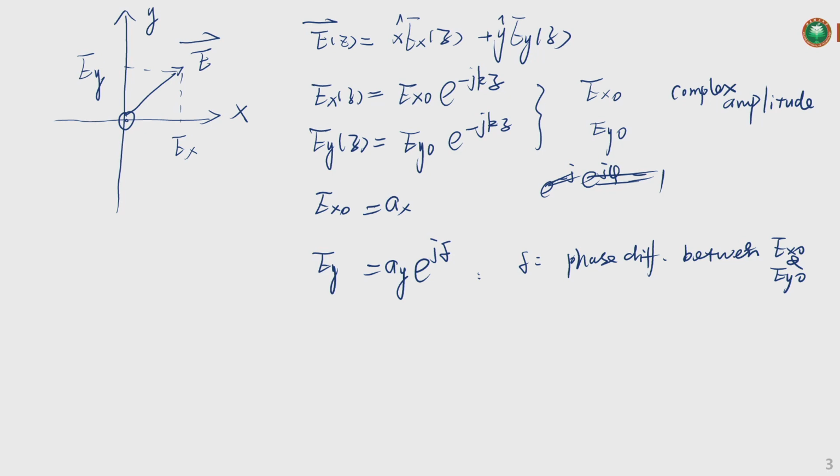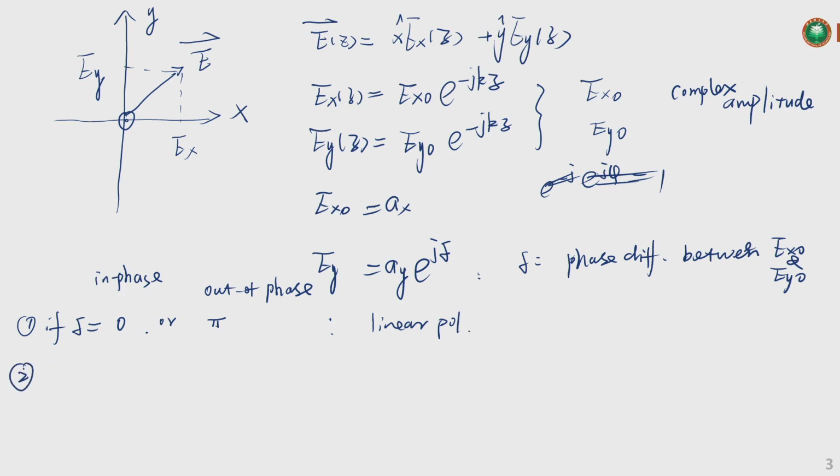When we define the polarization configuration, it sometimes depends on the value of delta. For example, if delta equals 0 or pi, meaning Ex0 and Ey0 are in phase or out of phase, it is a linear polarization.